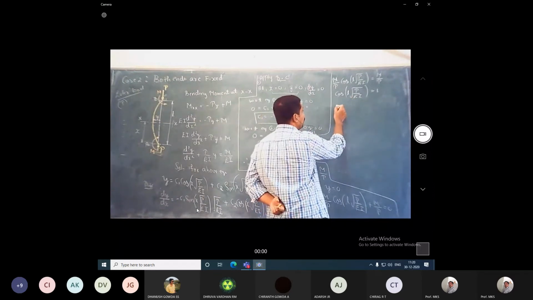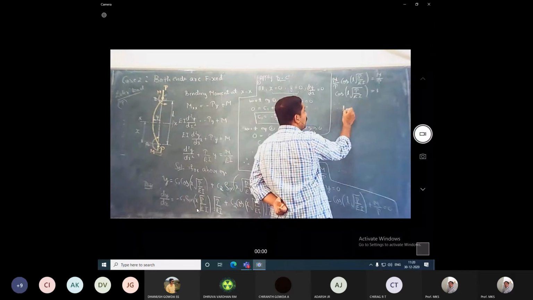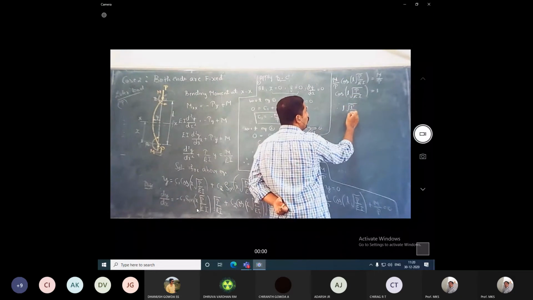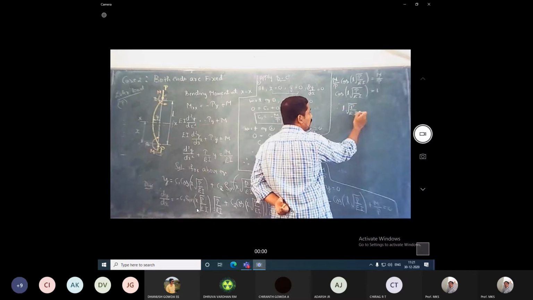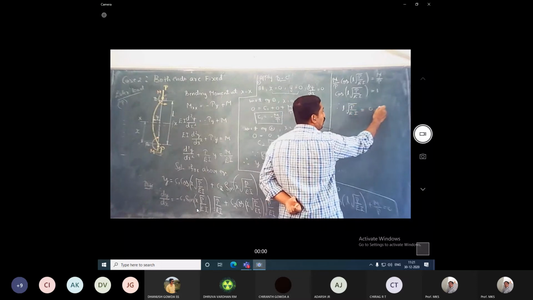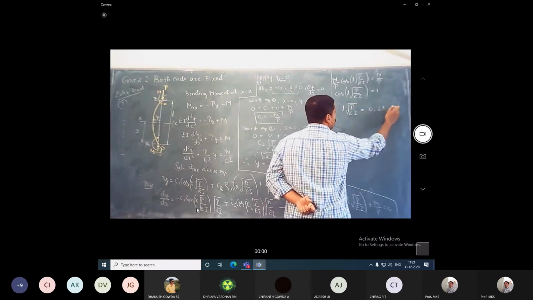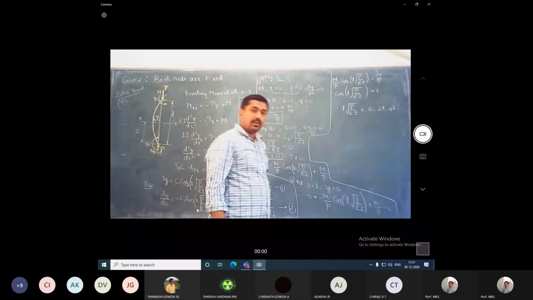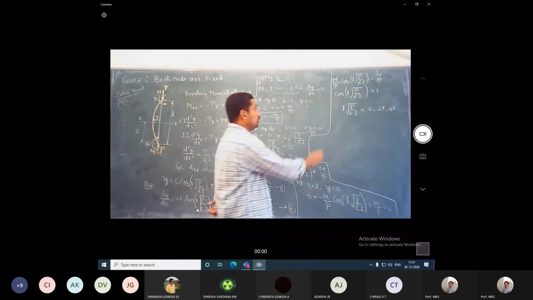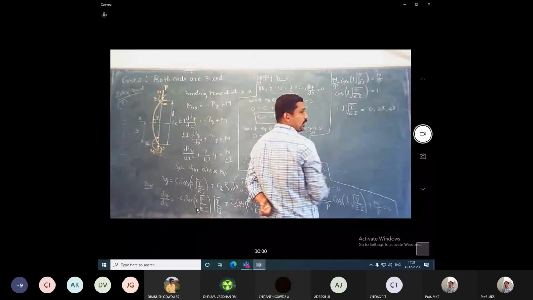So since L into root of p by EI term will be equal to 0, 2 pi, 4 pi, etc., any even multiple of pi, I will get this cos value as 1.